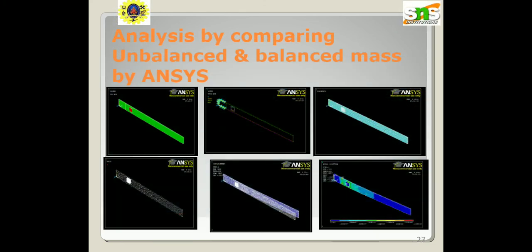This is the analysis of comparing unbalanced and balanced mass systems. Here it would be used for measurement of mechanical sources and wind, and also using the vibrating body, what frequencies will be generated. This all will be done from this slide.